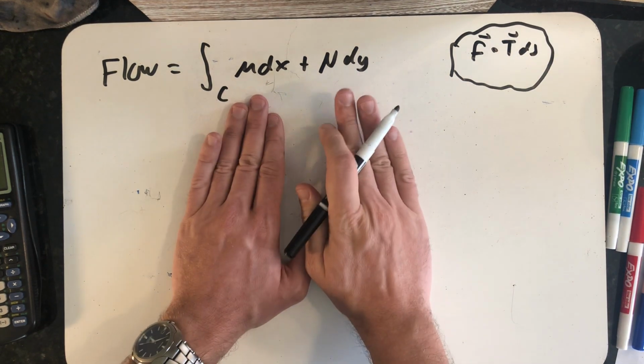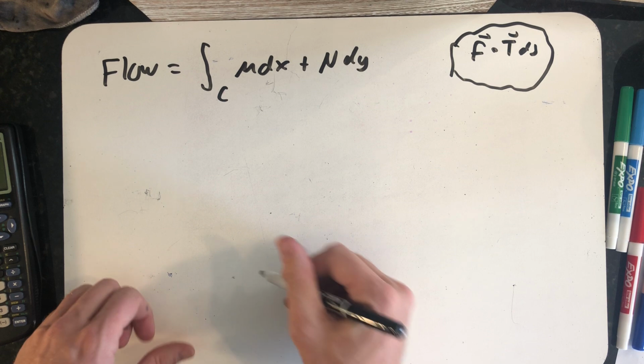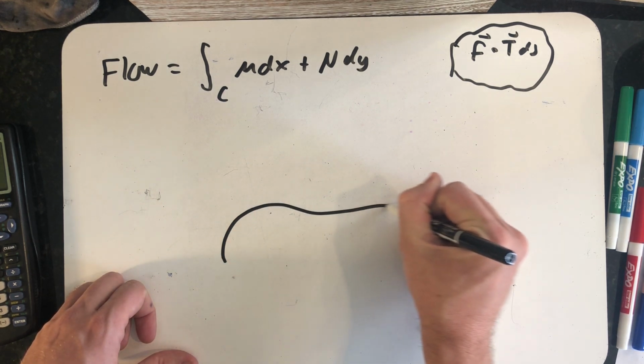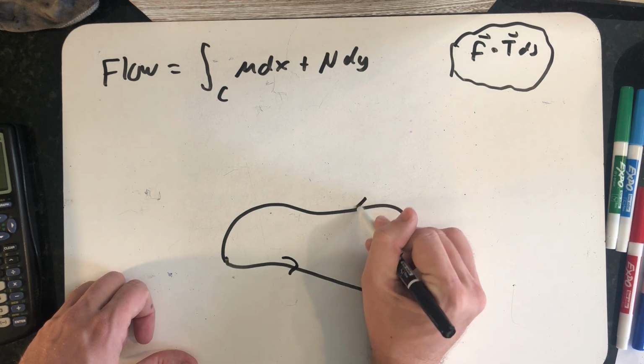I do that dot product and I can write it down this way. So I want to talk about what to do if I replace T with little n. And the first step is to actually learn a little bit more about little n. So let's imagine that simple closed curve in the plane. Let's put a direction on it.